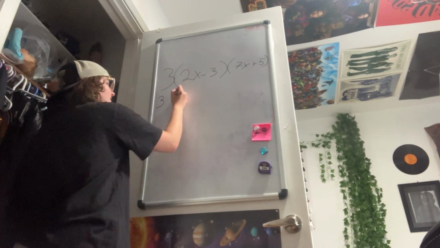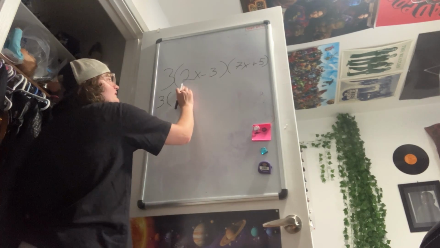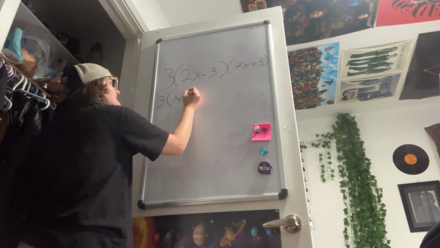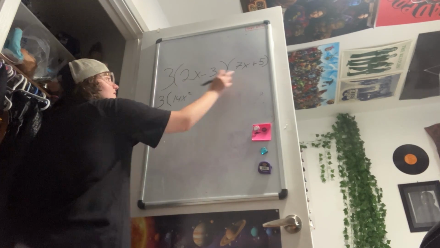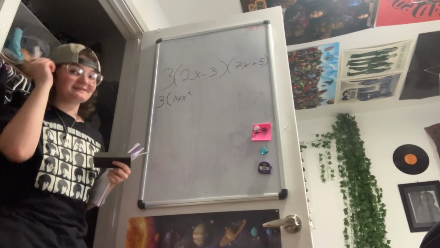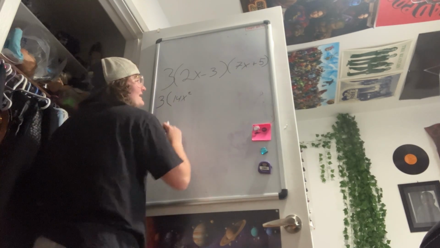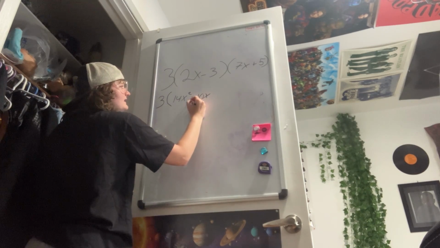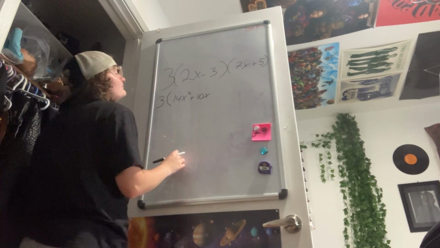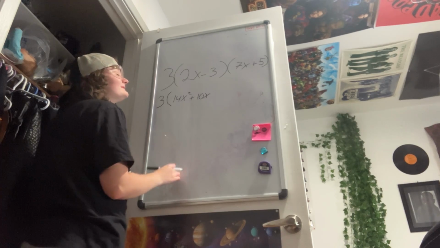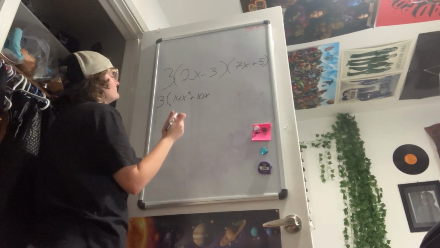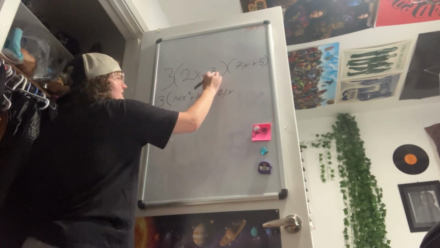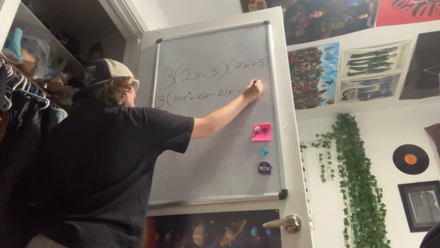So we leave the 3 as is in FOIL. 2x times 7x. 2 times 7 is 14. x times x is x squared. The outside. You see how I'm explaining it every time, so we kind of get it in our brains. Outside is 2x times 5 is 10x, right? Ooh, that's 10, yeah, 10x. Inside is negative 3 times 7x, negative 3 times 7 is negative 21x, negative 3 times 5 is negative 15.